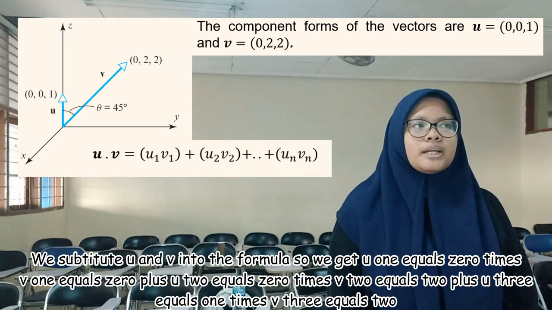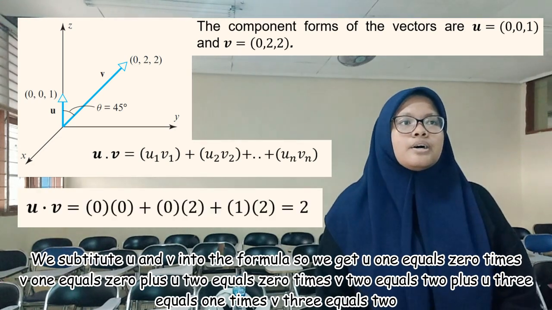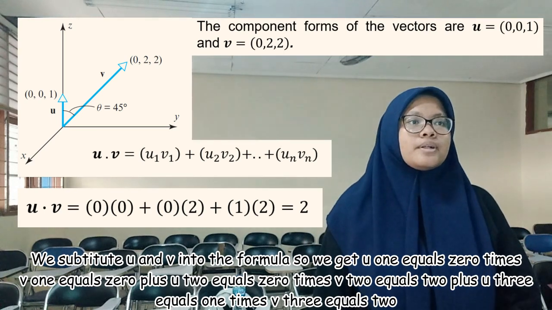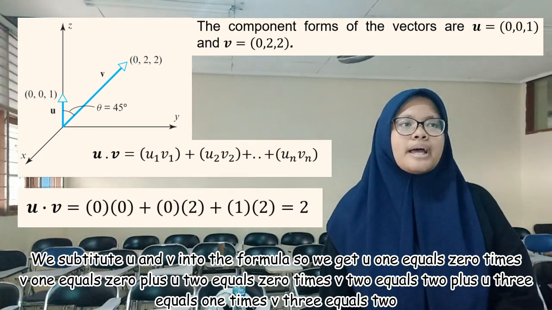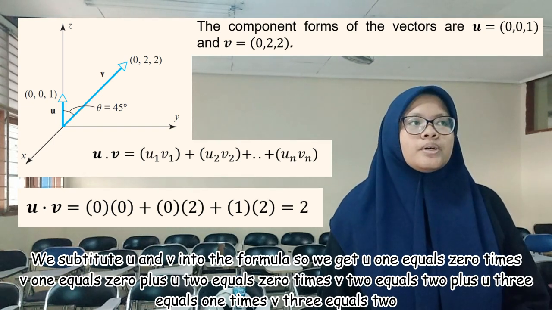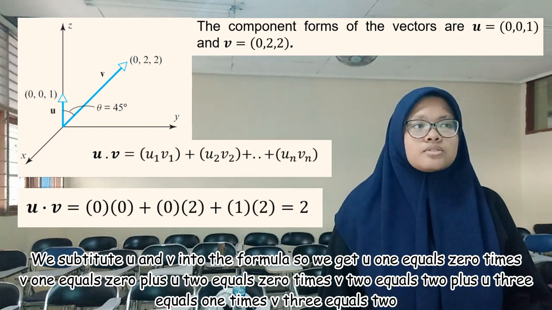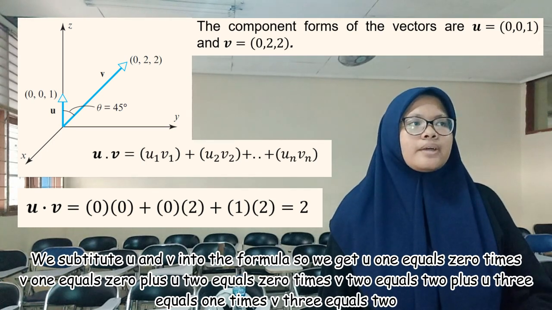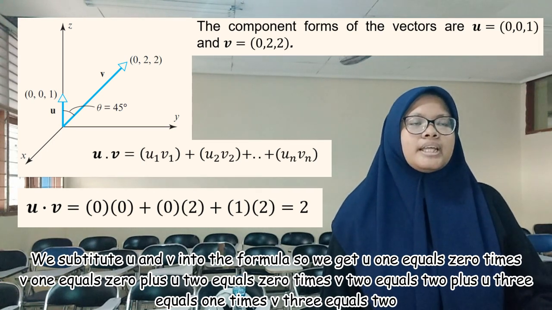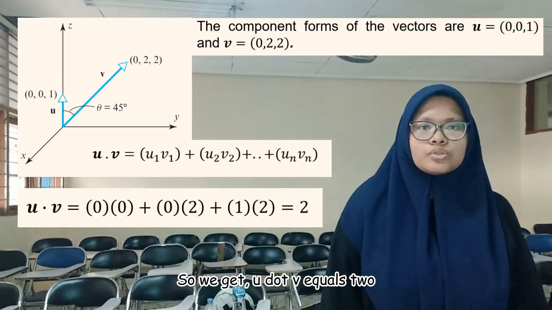We substitute u and v in the formula. So we got u1 equals 0 times v1 equals 0 plus u2 equals 0 times v2 equals 2 plus u3 equals 1 times v3 equals 2. So we got u dot v equals 2.